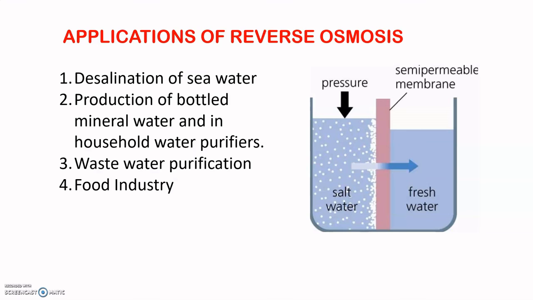But here you can carry out reverse osmosis and remove the water content. So heat sensitive materials like proteins and enzymes will not be affected. We use this particularly in the dairy industry, for the production of milk powder. Then in the wine industry, juice industry, etc., we go for the reverse osmosis method.